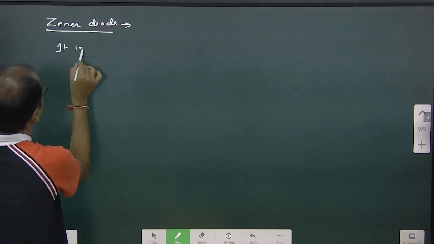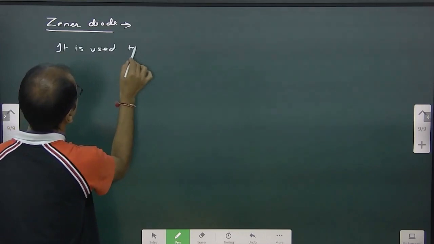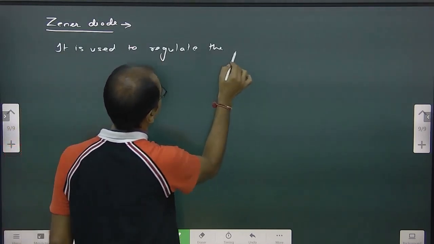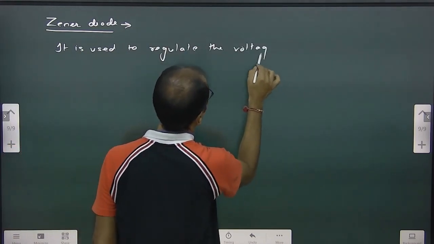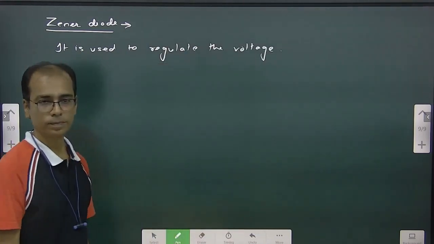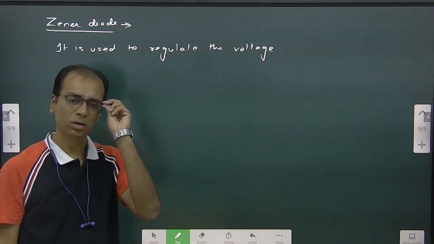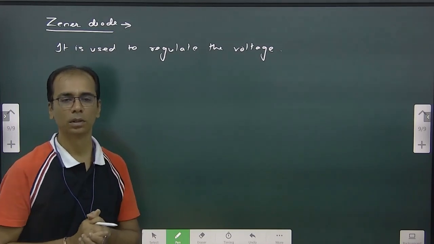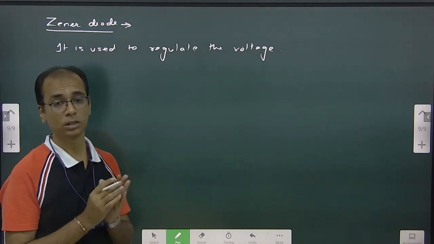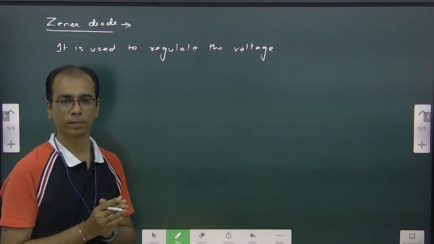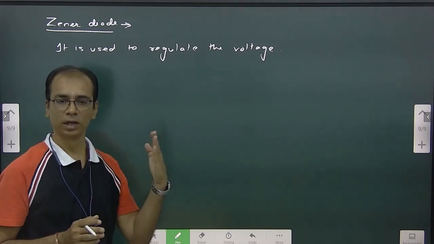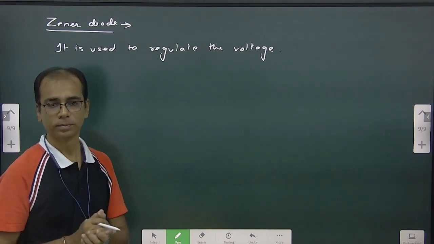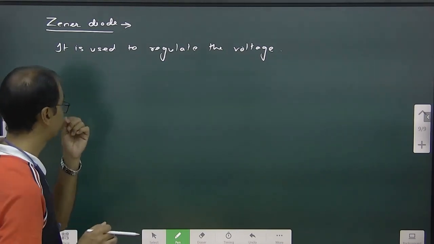It is used to regulate the voltage of a supply. It maintains a constant potential difference across the appliance. If one appliance is connected along with the Zener diode, it will make sure that it is getting constant potential difference. If the supply has variation also, it will not affect the appliance, right? So how is it connected?